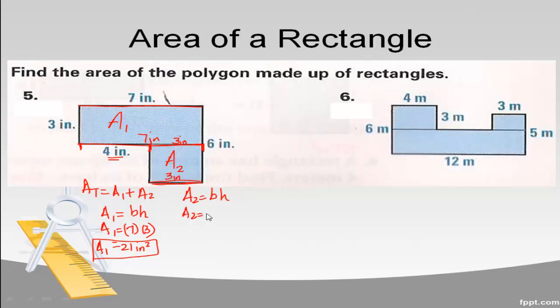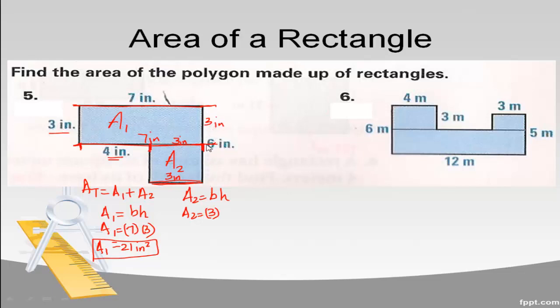So far I have the base, which is 3. Now let's look for the height. I don't have the height. But if this piece from here to here measures 3 inches, that means that this piece also measures from here to here 3 inches, because opposite sides in a rectangle are congruent.